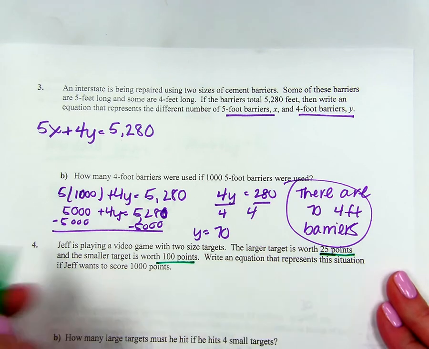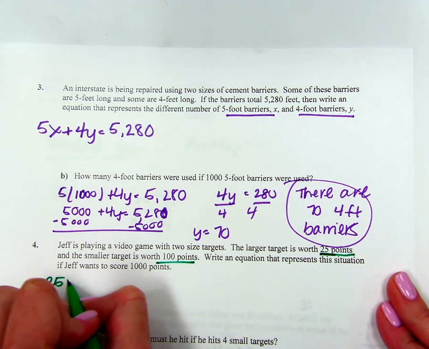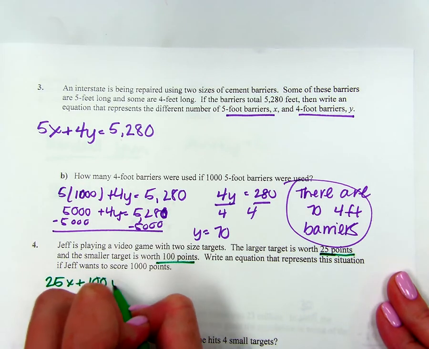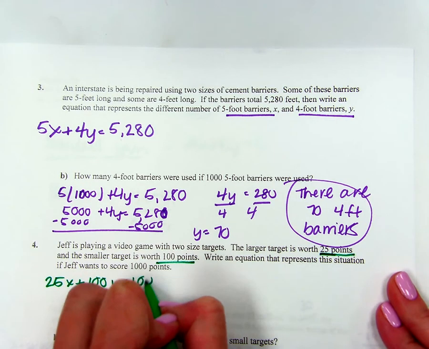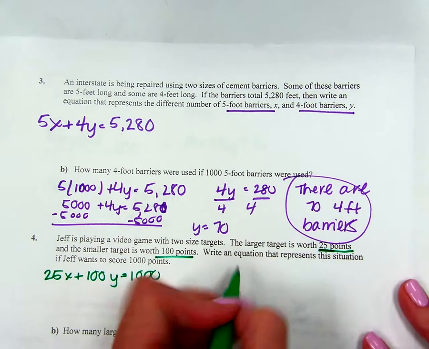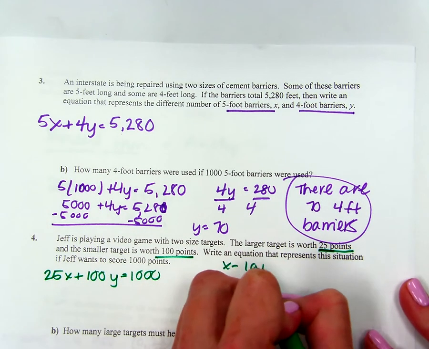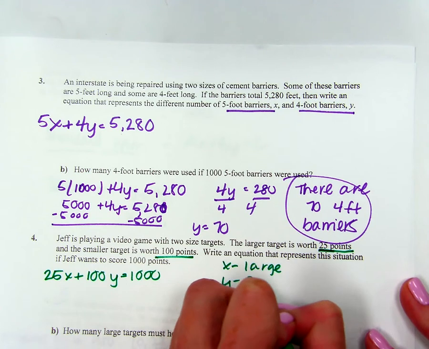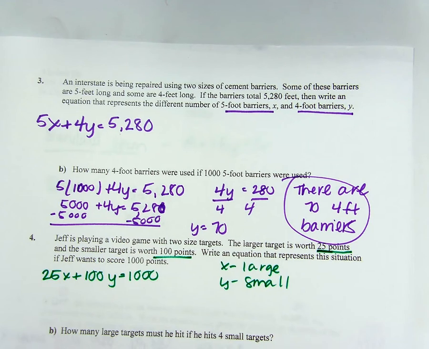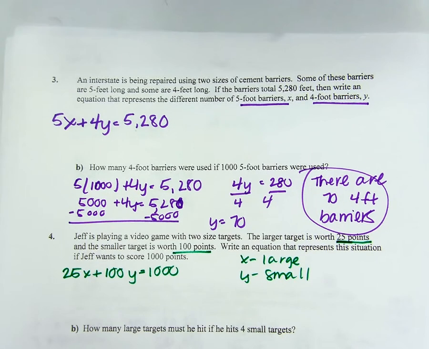So I have 25, and I'm going to attach my x, plus 100 and attach my y equals 1,000. So my x is representing my large target, and my y is representing my small target.